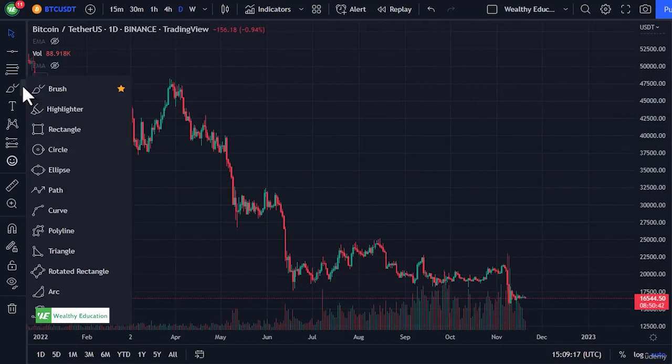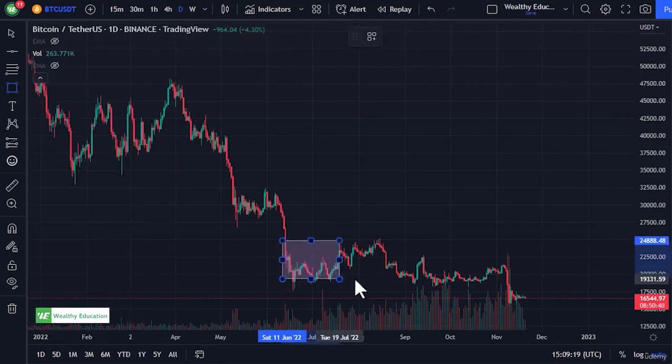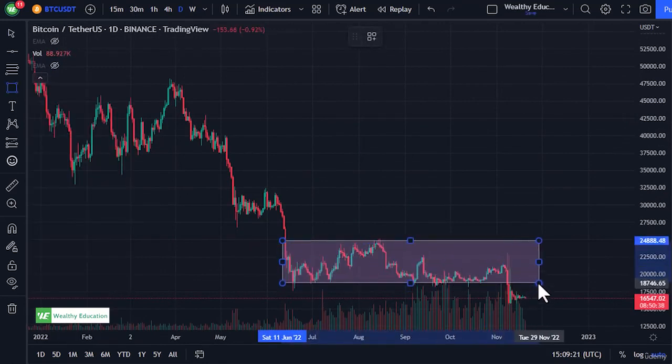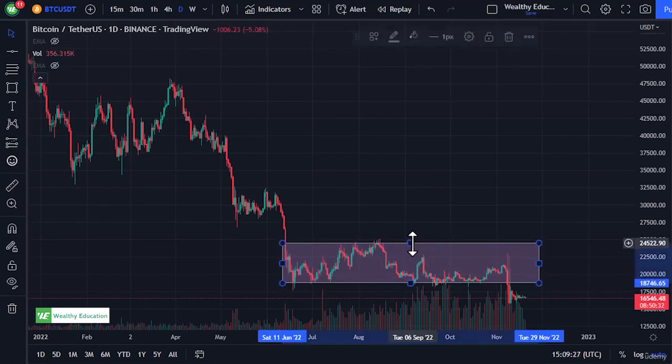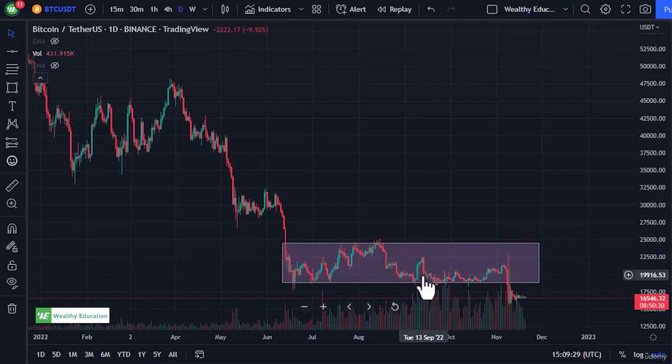I'm only using this example because it's here, but you can see that we had been pretty range bound in Bitcoin. But notice we rallied there and we failed. We didn't get back to the top. So that's your first sign that maybe something's not quite right.